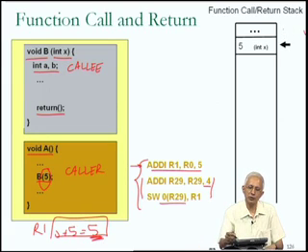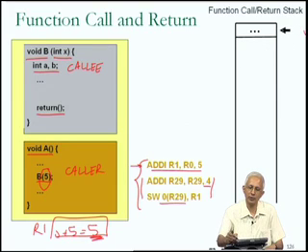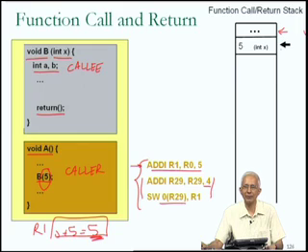So the stack pointer, which used to point over here before this sequence of 3 instructions, after the sequence has been incremented, since 5 has been pushed onto the stack. Therefore, the stack pointer is pointing at the current top of stack. So this is the pushing of the parameter onto the stack.